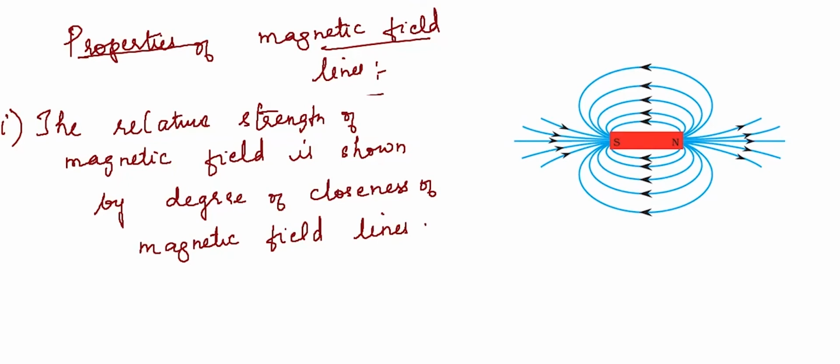From this figure, we can see another important feature, that the distance between these lines is increasing as we go away from the magnet.